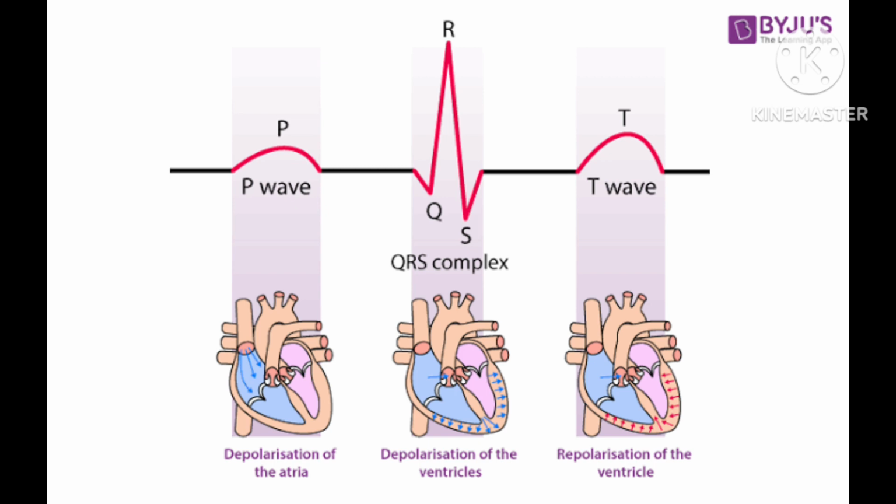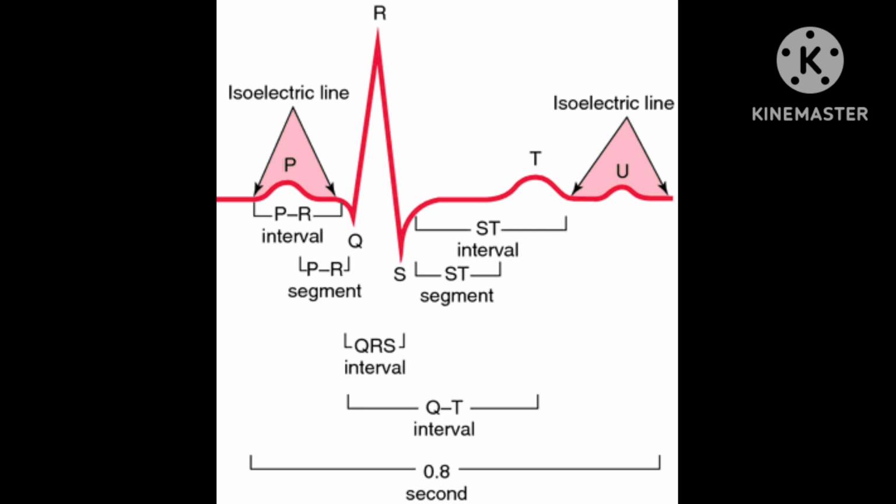P wave means what? In the report, if you see, you will find the P wave. P wave means it is a small upward wave that appears first.